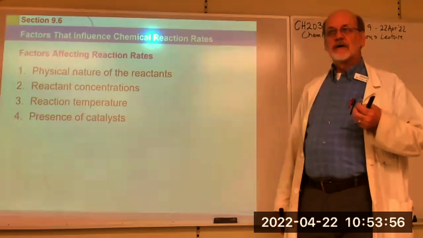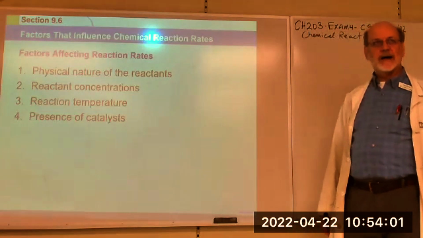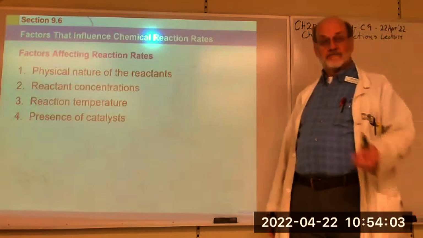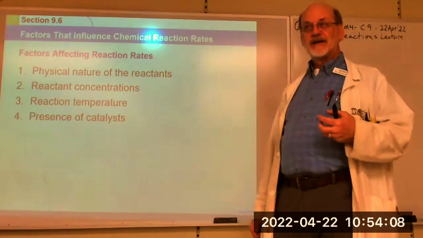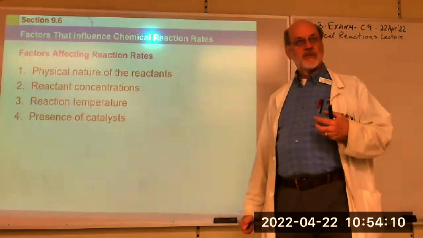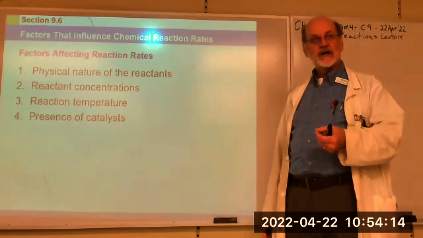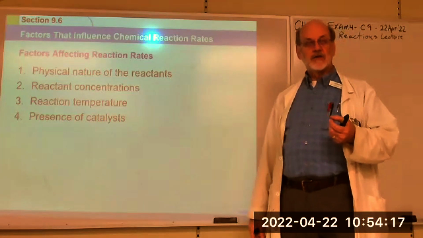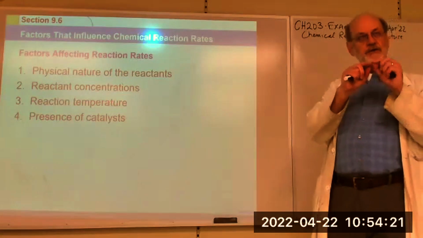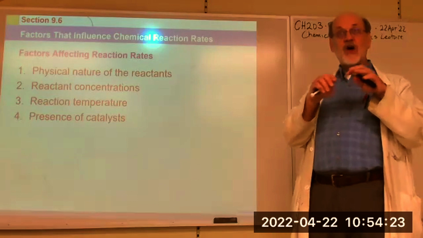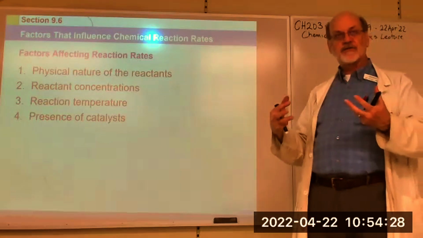A perfect example is coal dust explosions in a mine. That's why the rules say that you have to keep these shafts ventilated to drive out the dust. Because if you collect a certain amount of dust in an oxygen atmosphere, all you need is a little spark and it will blow. In other words, the reaction rate is very fast because the surface area is extremely large for the coal dust particles in an oxygen atmosphere.